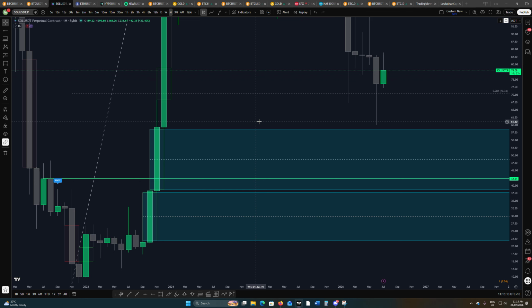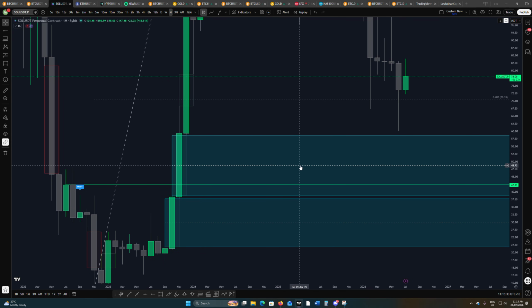I think it was the 14th or 15th of January. And then a weekly FVG, the 50% of that, put in another macro lower high for the 82K top. I think it was the 6th of May.